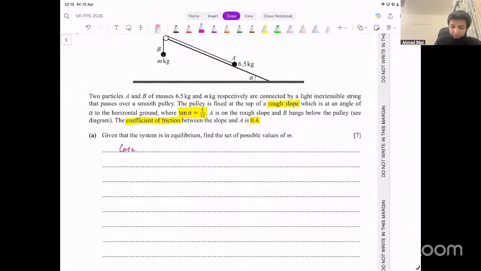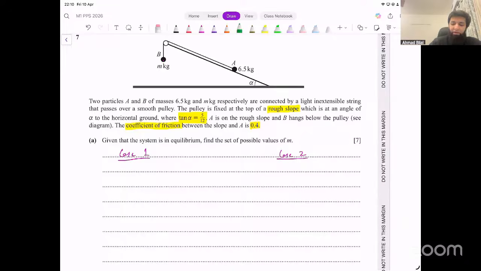Okay, that's a standard point, but that's the idea that we use in this. Make two cases, case 1, case 2. Case 1 is when, let's suppose, B is just about to move down, or A is about to move up. Just use A because friction has to do with that. A about to slide up, that's case 1.